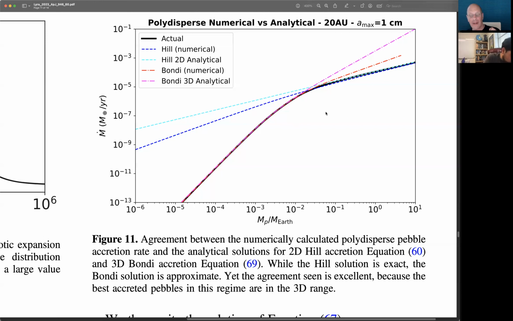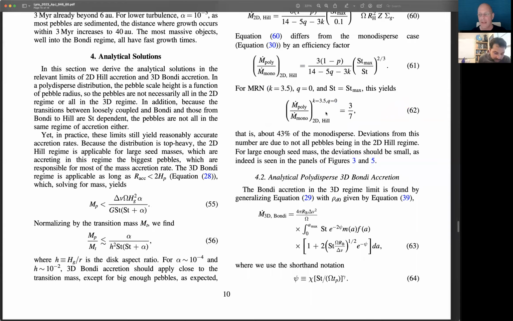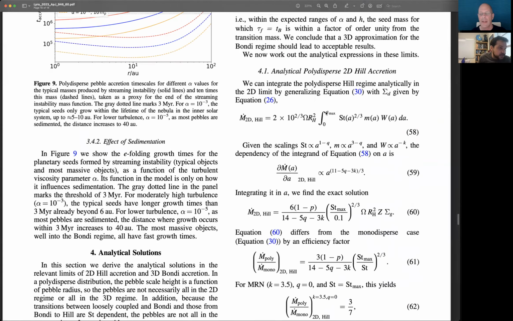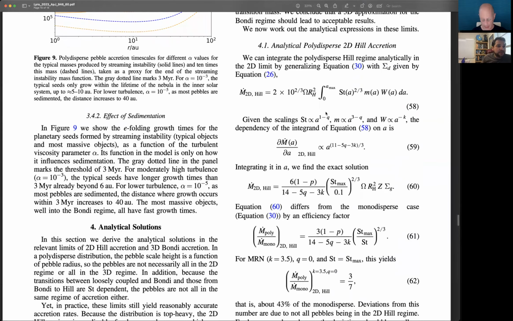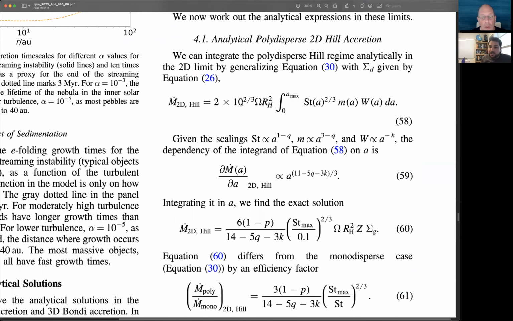I'm going to show how these equations look, because that was fun also to show. If you go to equation 58 on page 10, that's the 2D Hill, right? That's beautifully simple. That's equation 58 there. So that is the integral that we need to solve for the analytical solution. St here means the Stokes number.